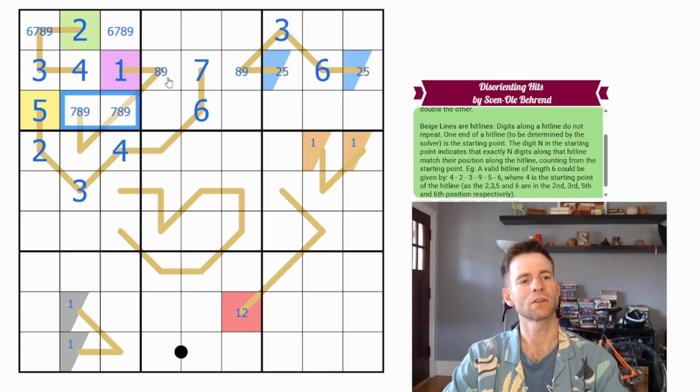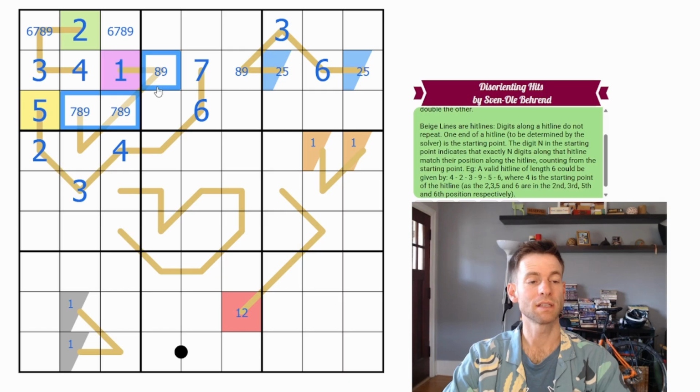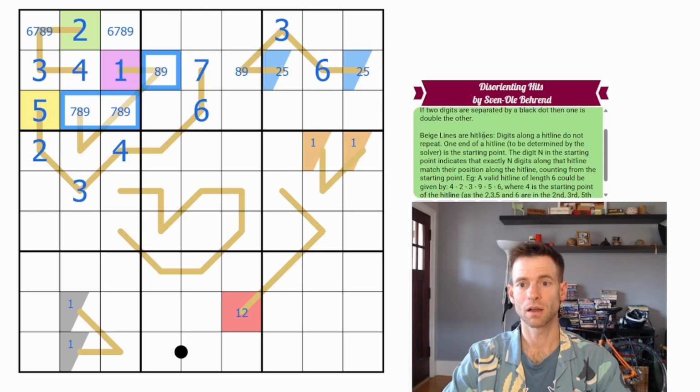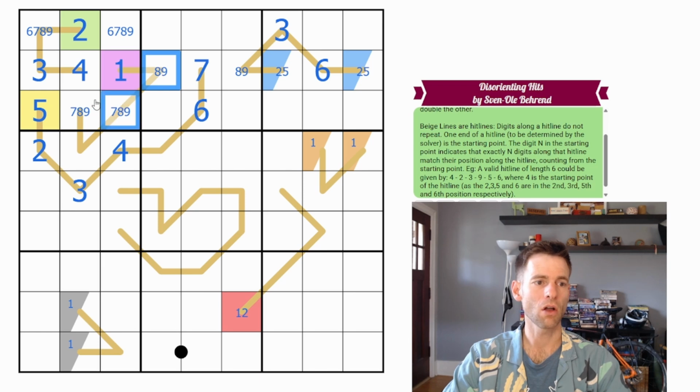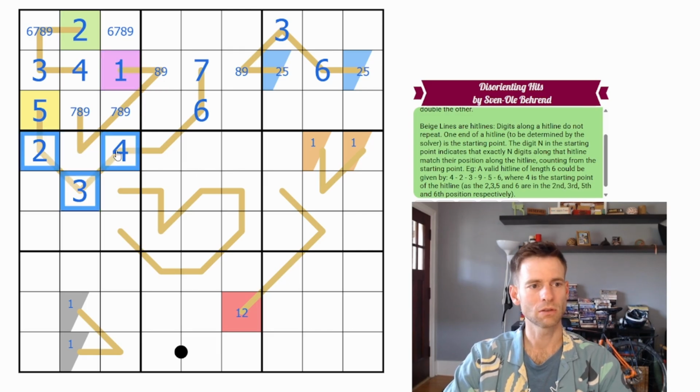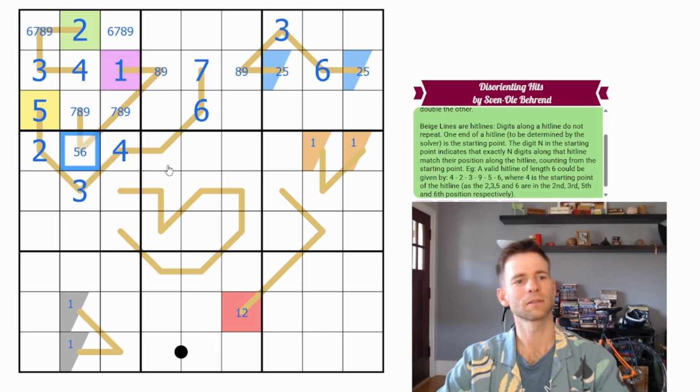This is a 7-8-9 triple, and they have to be different. On each beige line, digits along a line do not repeat. That means these are all different. So that means that this can't be a 7, 8, 9 or a 1. It also can't be a 2, 3, 4. So this is a 5 or a 6.